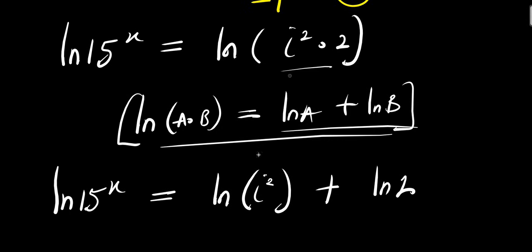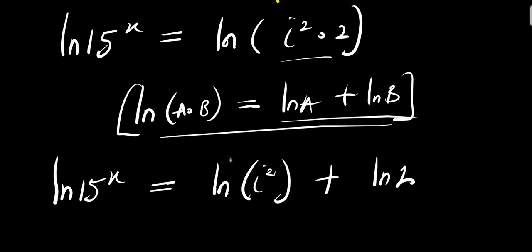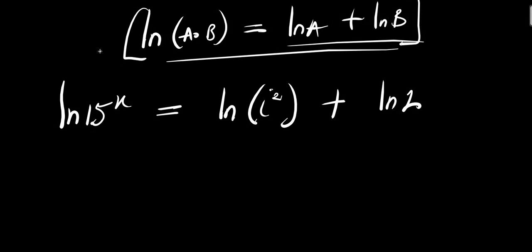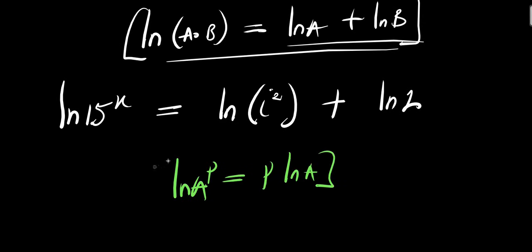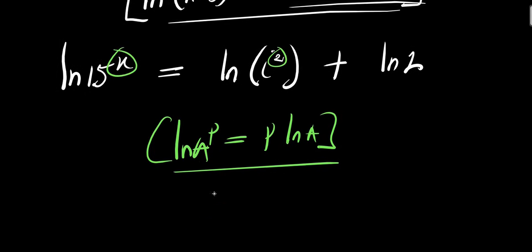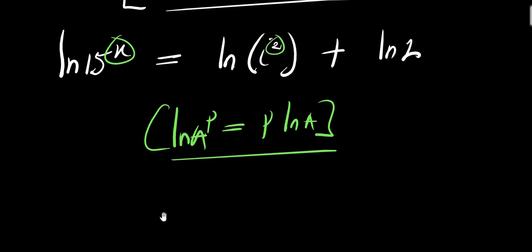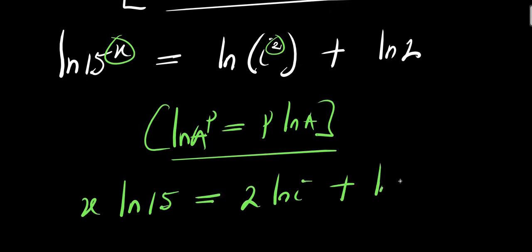Just apply this identity here. And from here, let's consider this other one. Natural log a power b equals b times natural log a. So that means the 2 comes behind this and the x comes behind it. So we simply have x times natural log 15 equals 2 times natural log i plus natural log 2.